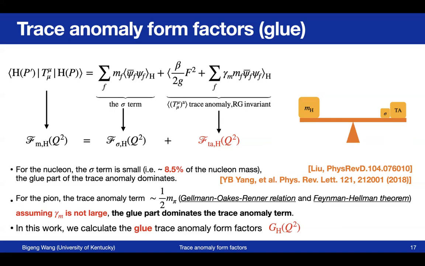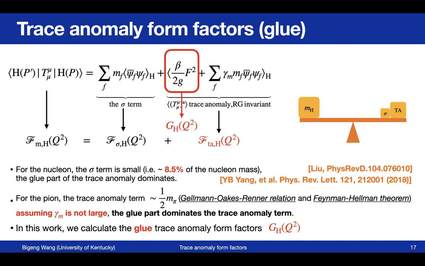In our calculation, for now we only calculate the glue part of the trace anomaly, for several reasons. First, in the nucleon, the sigma term by itself is very small, and if we neglect the term which carries the gamma m, then the glue part dominates. Even in the pion, if we assume the gamma m is not that large, then the glue part also dominates the trace anomaly term we're interested in.